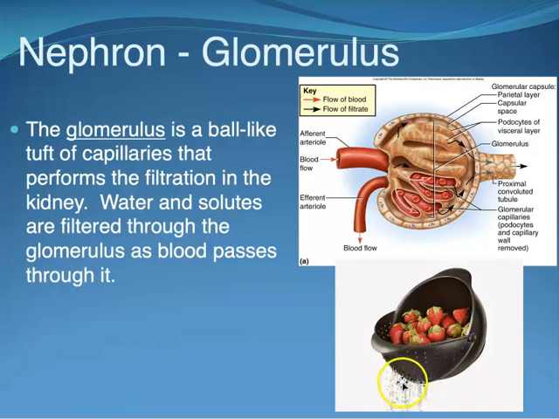However, fluids do, and maybe dirt particles in the case of strawberries, but otherwise wastes in the case of our bloodstream are small enough to get through these slits and are filtered in that colander-like glomerulus. And much like our sink catches all of this fluid, the Bowman's capsule or the glomerular capsule will capture that, and again, we'll take it down that complex tubule network, that's the nephron, for any adjustments that may need to be made.